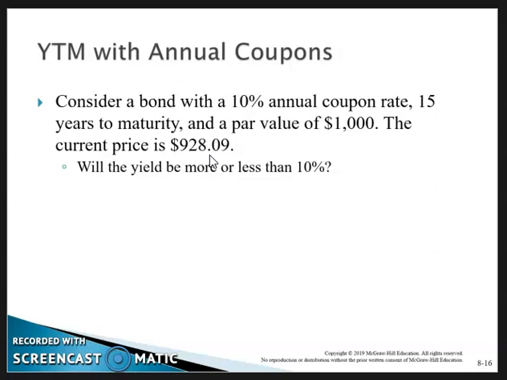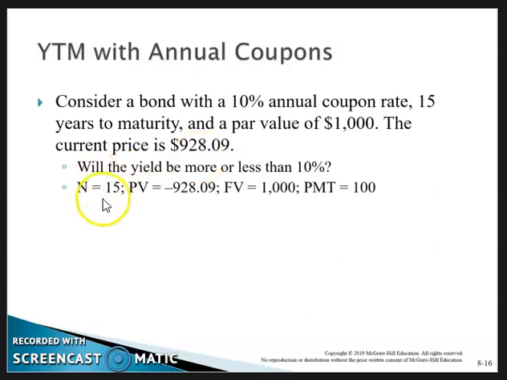So is the yield more or less than 10%? It's greater than 10% because our price is below par. So in our calculator, N would be 15, PV negative 928.09, future value 1,000, payment $100, and then we compute IY. That's 11%. So next example, we'll start with an example with semi-annual coupons.